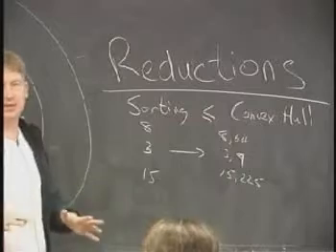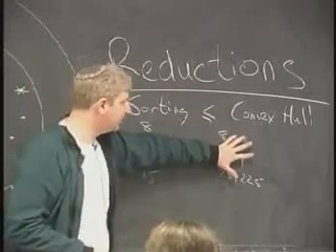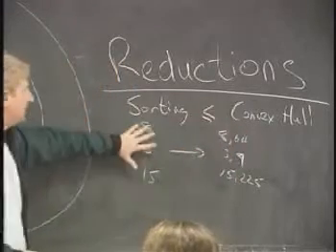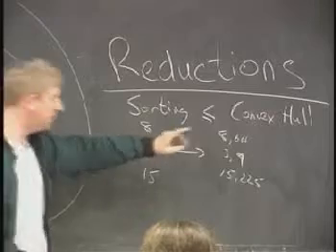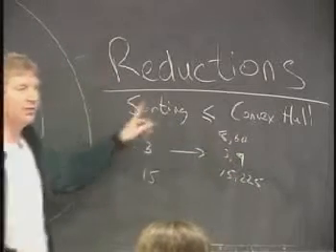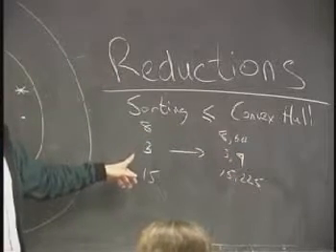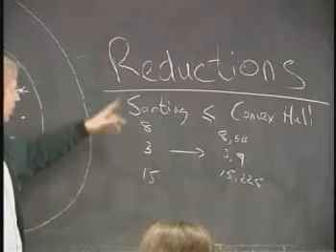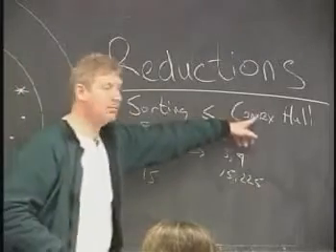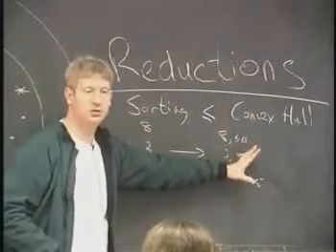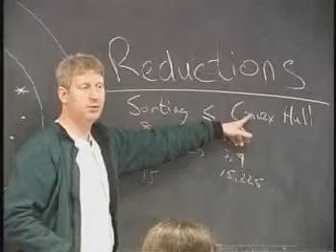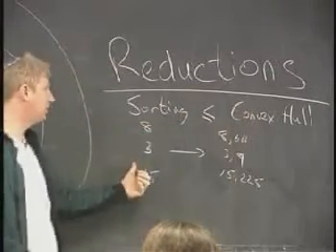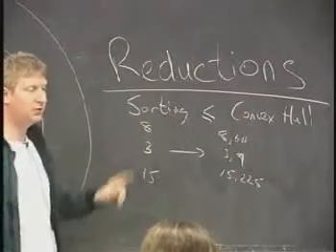What we do will be easier. We're going to want this instance to have the answer yes whenever this instance has the answer yes. We want this instance to have the answer no whenever this instance has the answer no. So that way, if I want to solve this problem using this problem, I can run it through the reduction, solve this problem, and whatever this problem says, that's the answer to the original problem on the first instance.